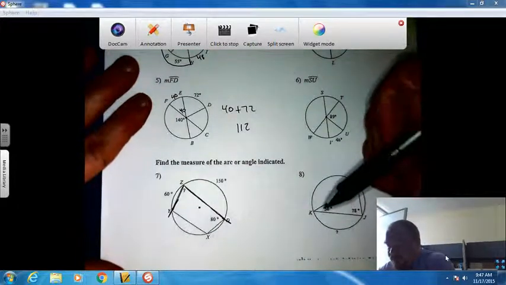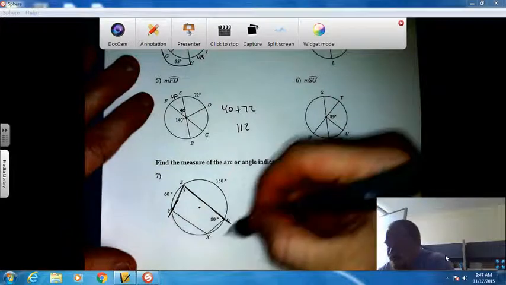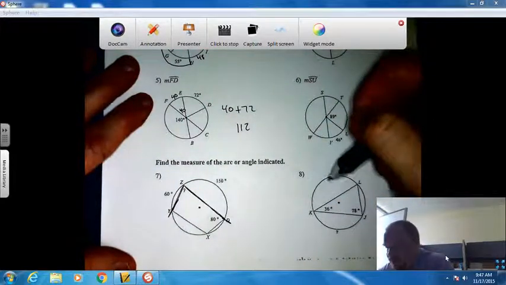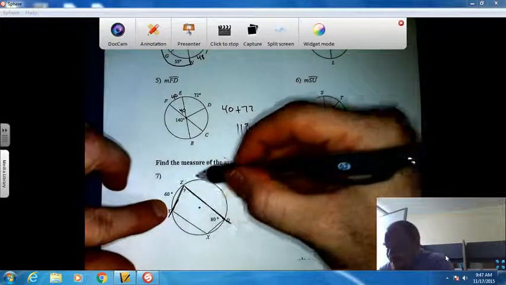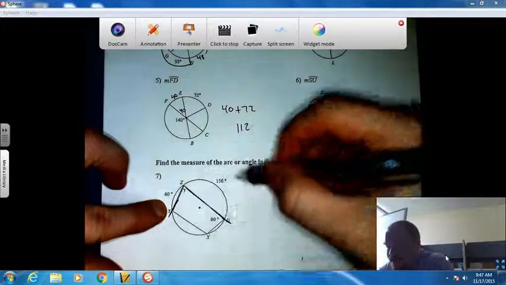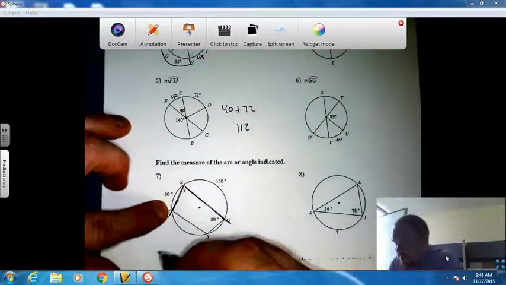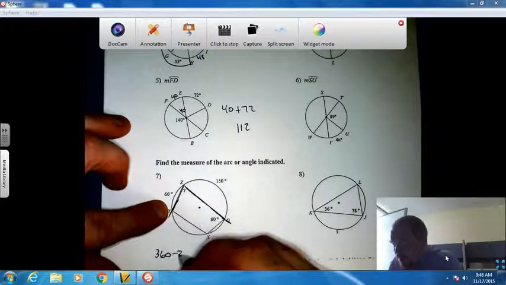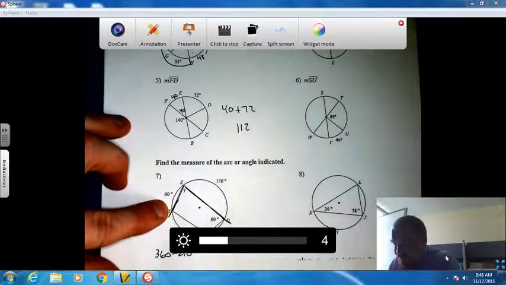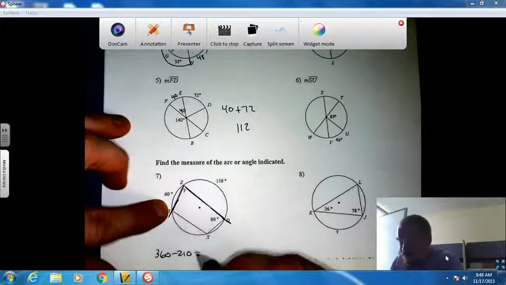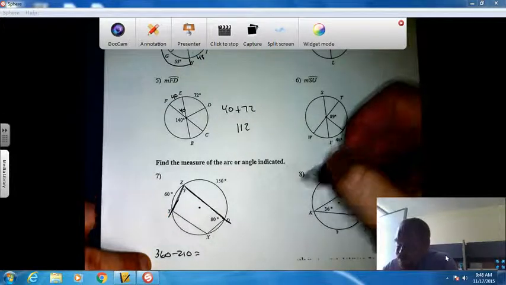Well, I know that all the way around is 360 degrees. I know that around the outside here, this is 210. So this over here has to be 360 minus 210, or 150.